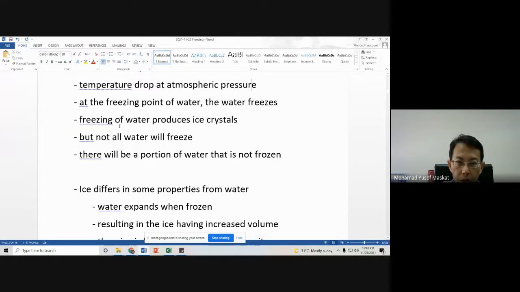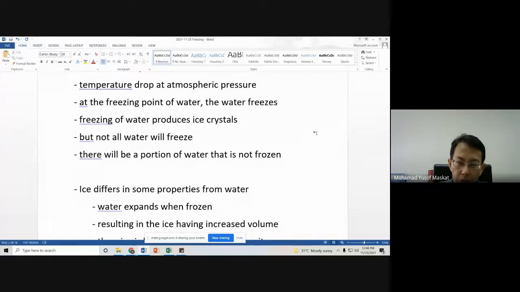These ice crystals are the solid form of water. However, not all water will freeze, because the phase change is a gradual process. Initially there will be more liquid than solid, and eventually there will be more solid than liquid.